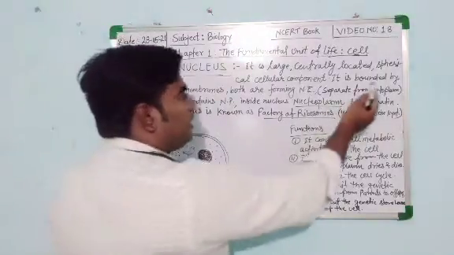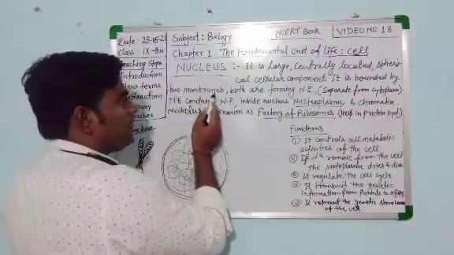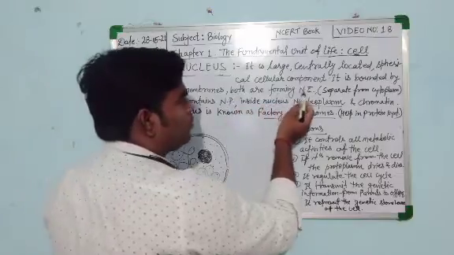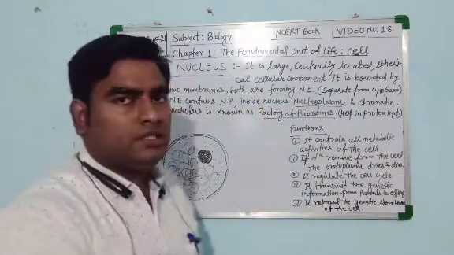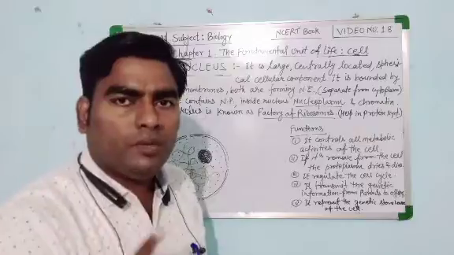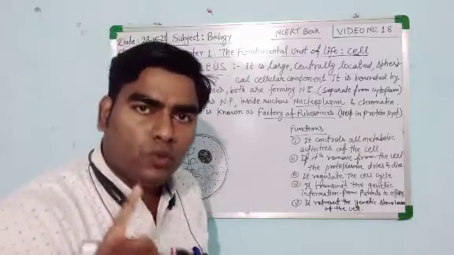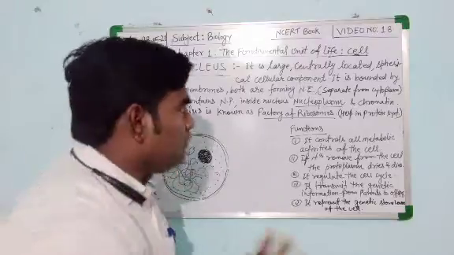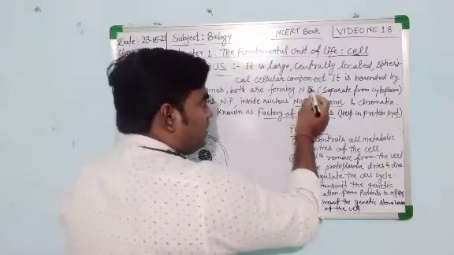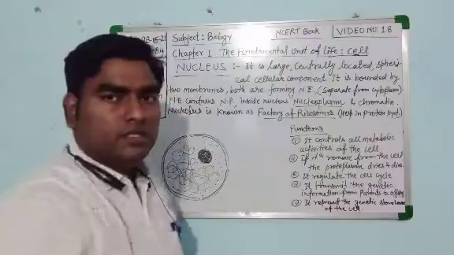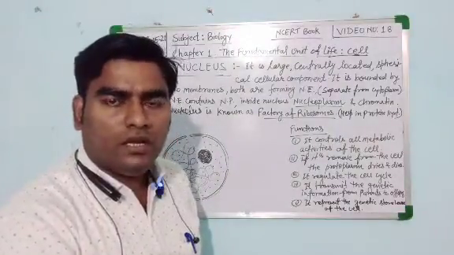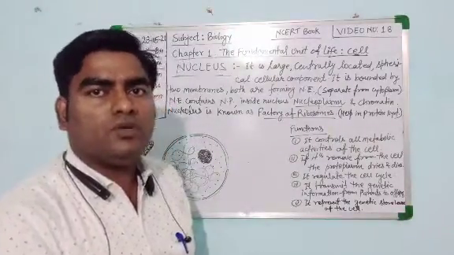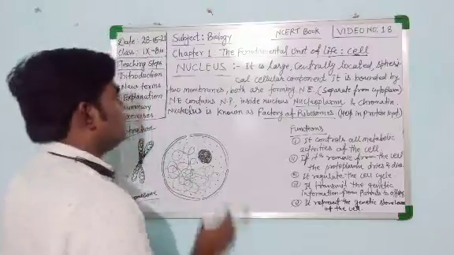Okay, it is bounded by two membranes, both forming the nuclear envelope. Means nucleus is a two-membrane structure, bounded by two membranes collectively known as nuclear envelope. Nuclear envelope separates the cytoplasm of the cell from the nucleoplasm of the nucleus.